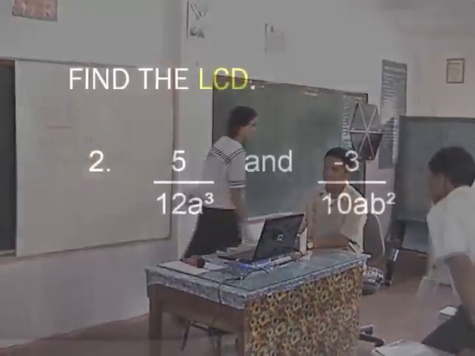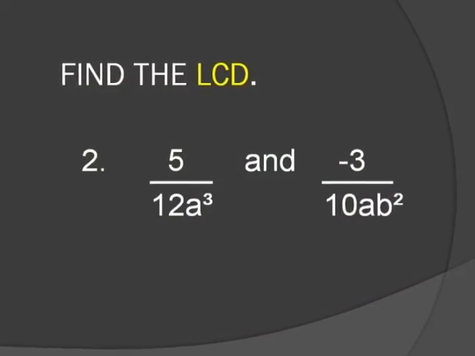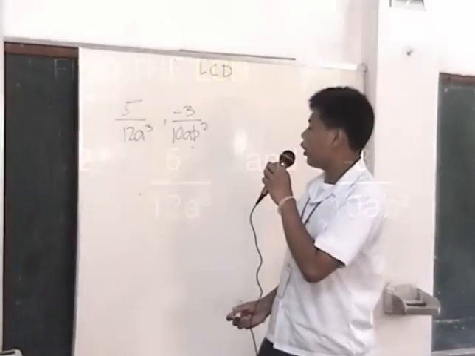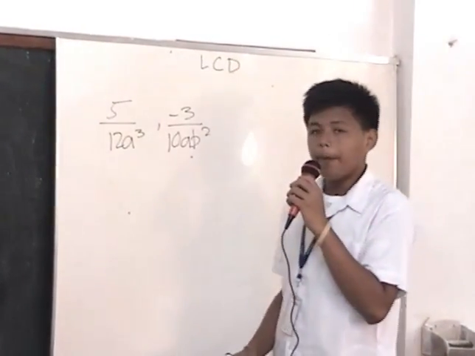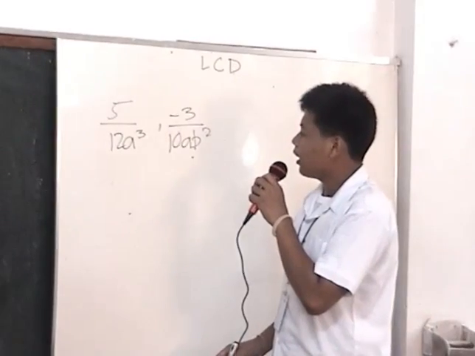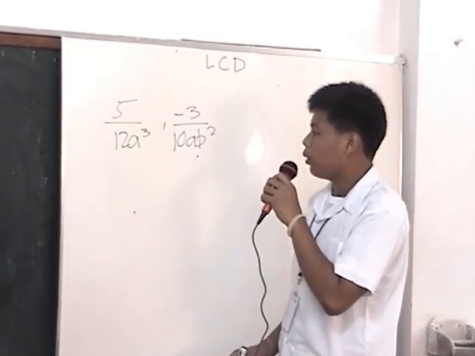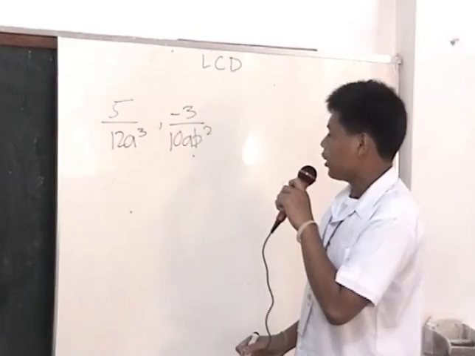Mr. Marcoma? To get the LCD of 5 over 12A cubed and negative 3 over 10AB squared, we need to find the least common denominator by using prime factorization.